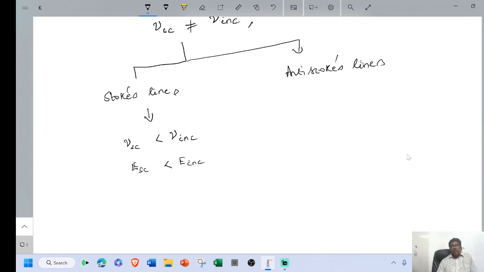Whereas in the case of anti-Stokes lines, the frequency of the scattered radiation is greater than the frequency of the incident light, which means that energy of the scattered radiation is greater than the energy of the incident radiation. During this process, the incident radiation absorbs some amount of energy from the scatterer.